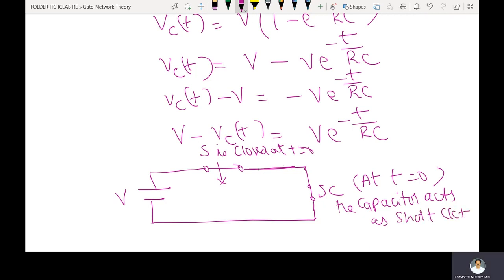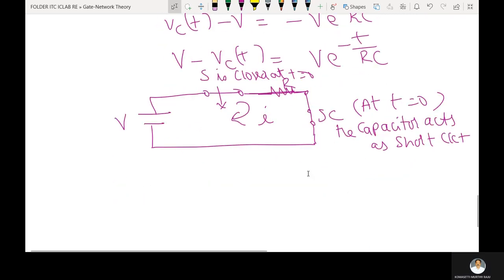Some resistance value is included in this circuit diagram. This is the R. This is the I. Therefore, I is equal to Im at t is equal to 0.